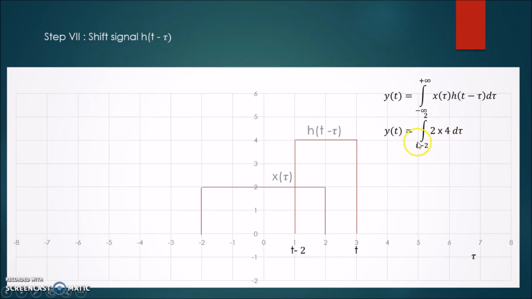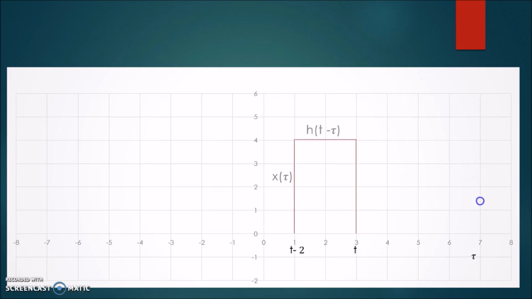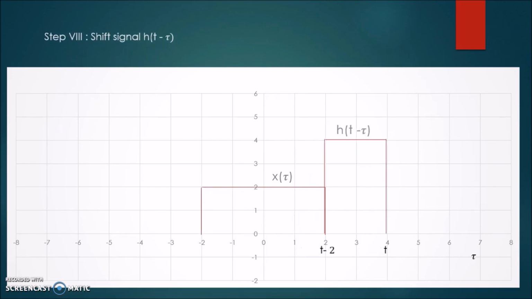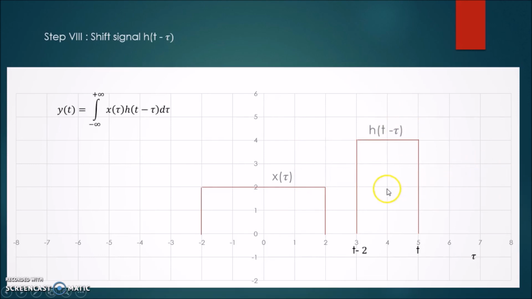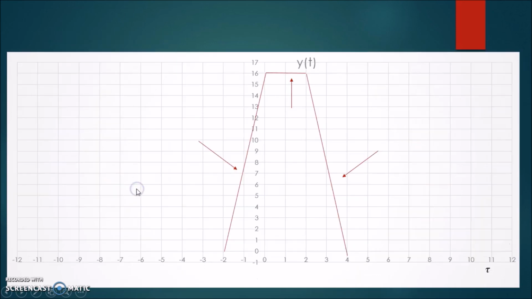So solving this integral, we will get y of t equal to 32 minus 8t. Next, we have to again shift the h of t minus tau. Now in this step, we can find that there isn't any overlap between x of tau and h of t minus tau. So that's why y of t becomes equal to 0.